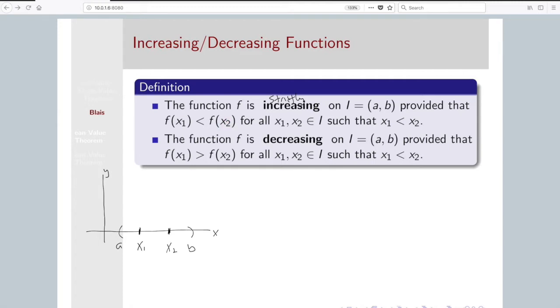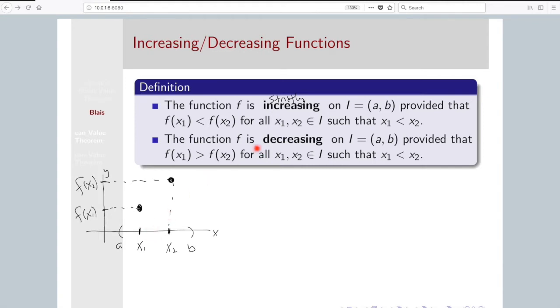If you feed these x1 and x2 to f, f of x1 is lower than f of x2. So here could be f of x1, and here could be f of x2.